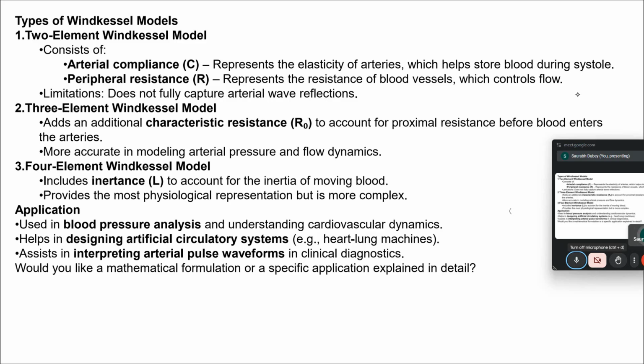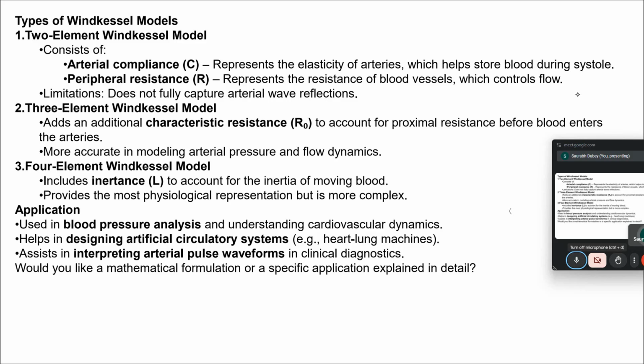So to capture that, another model came, the three element model, where the characteristic resistance came into the picture, which is the proximal resistance before the blood enters the arteries, right? More accurate in modeling arterial blood. And the next one was the four element Windkessel model, which includes inertance L, where the inertia of the moving blood is accounted for, the most physiological representation, but more complex.